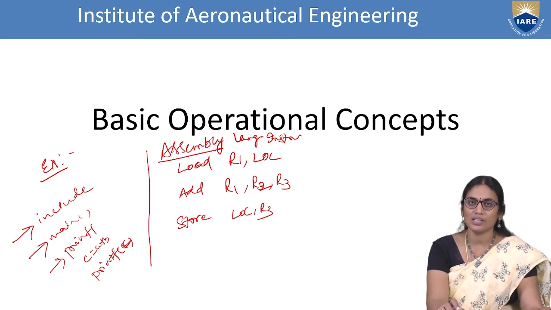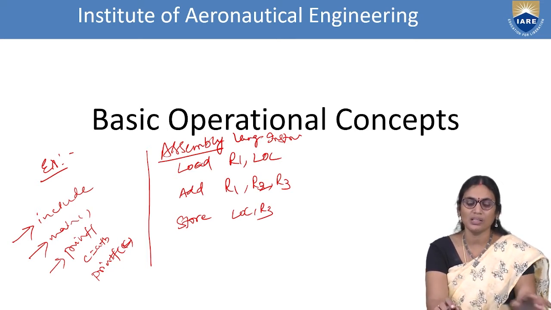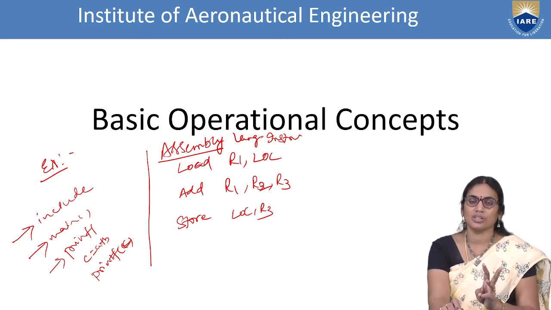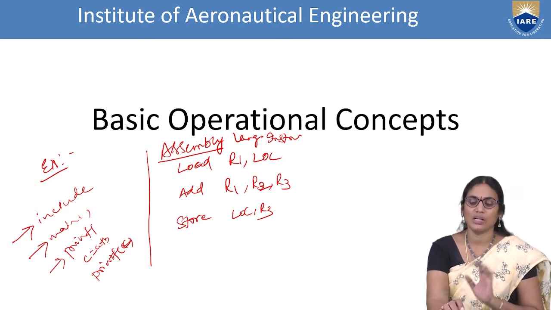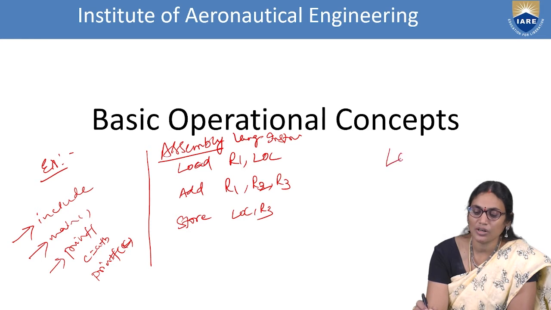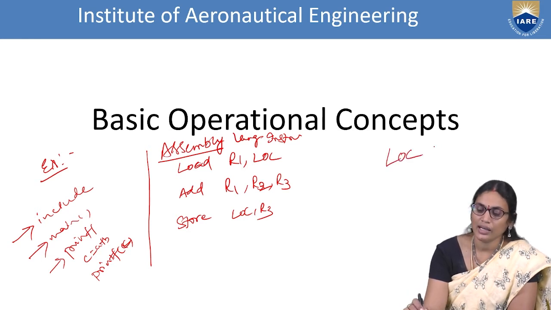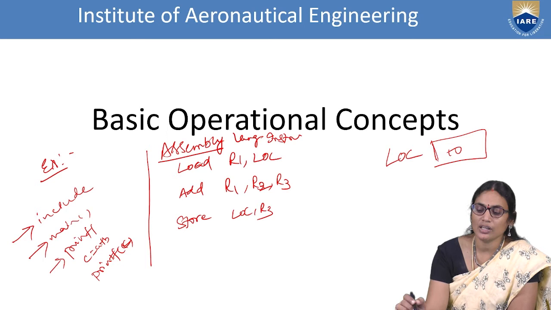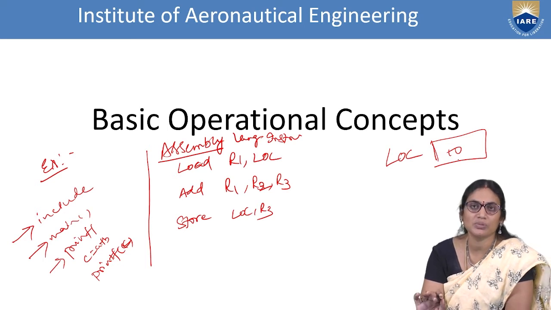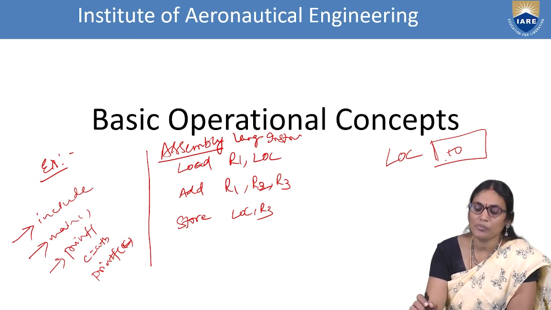One is simply a case where you are writing C equals A plus B. The second one is the assembly language where you are writing three instructions: you are loading some value, you are adding the values, and you are storing back the values. For example, I am considering one location LOC, and in that LOC, I am maintaining some value 10. I have to perform some next operations on this value.